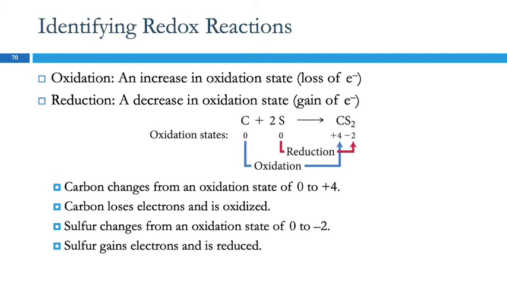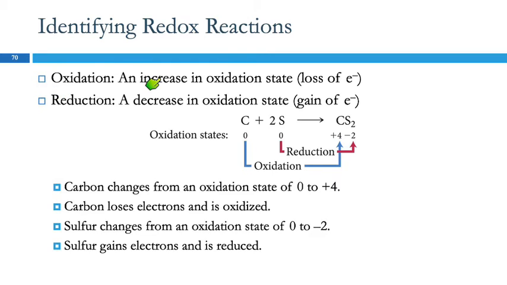So identifying redox reactions, we're going to look to see if things are being oxidized or reduced. And we can look at their oxidation states to see what's happening here. So this is another way of remembering what oxidation and reduction are, but here in terms of changes in oxidation state rather than loss or gain of electrons.